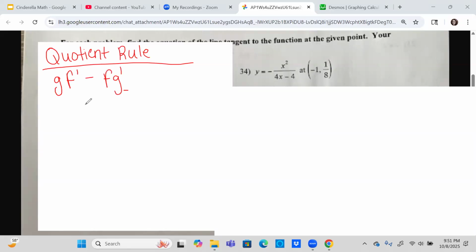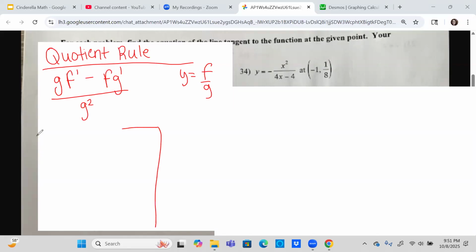Let me write that quotient rule. I actually write quotient rule every time I use it because I want to have that rule there to remember and to hopefully do right. So again, quotient rule is the bottom, g, the top prime minus the top, bottom prime over bottom squared, where your function is f over g.